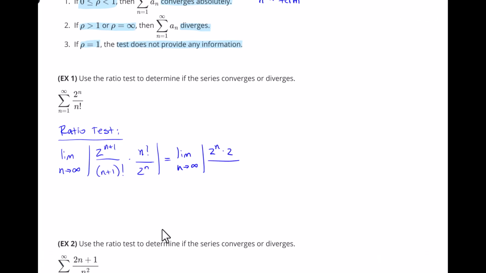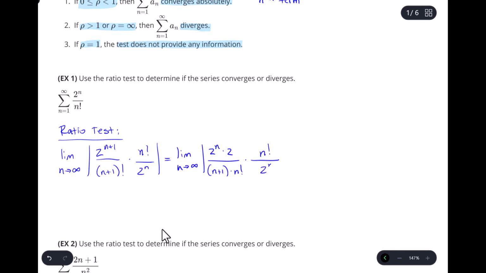And n plus 1 factorial, you can always take the top item off of a factorial and make it a multiplier. So this could be n plus 1 times n factorial. And then we have an n factorial here and a 2 to the n there. And so the algebra with factorials and exponentials is such that we can get a lot of nice cancellation.